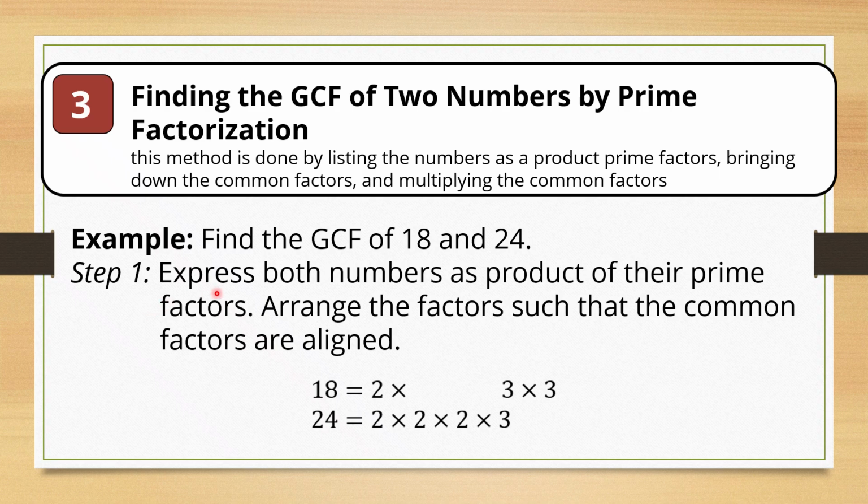Now, step 1. Express both numbers as a product of their prime factors. Then you're going to arrange the factors such that the common factors are aligned. For example, 18. You start with 2 as its common factor with 24. 2 times, okay, notice that 3 is not written next to your multiplication symbol.